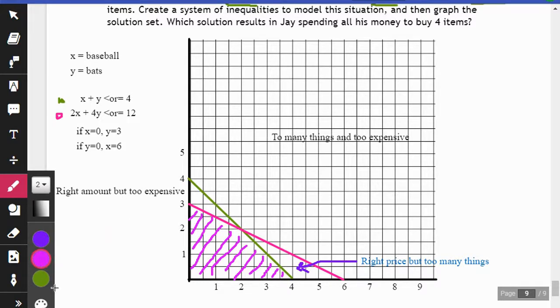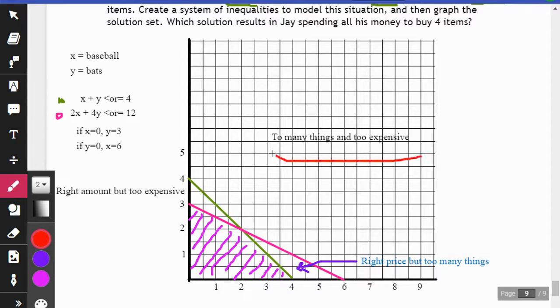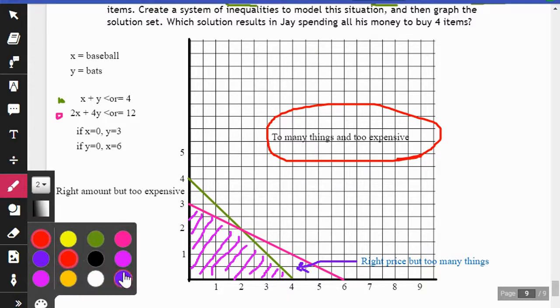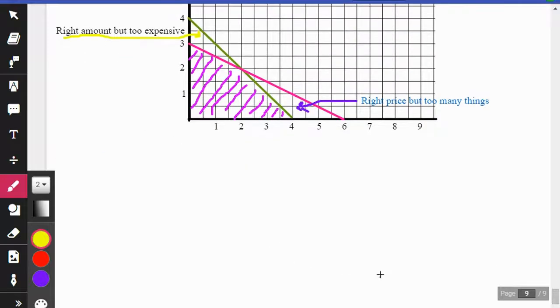I'll make this guy be red. And then this guy over here is going to be yellow. And then purple is our solution. That's the right price and not too many things. So that makes sense, hopefully. I'm done.